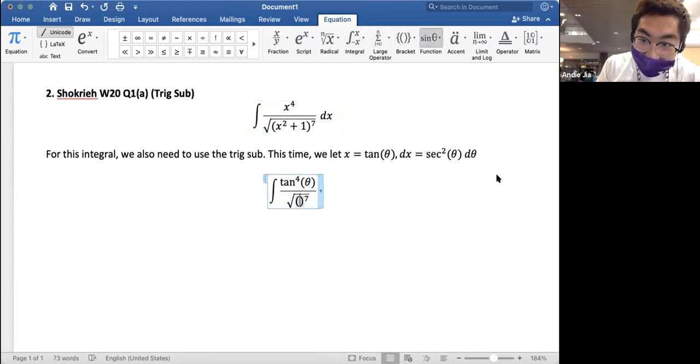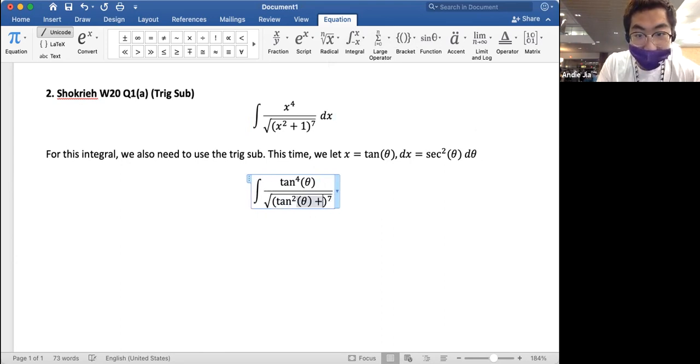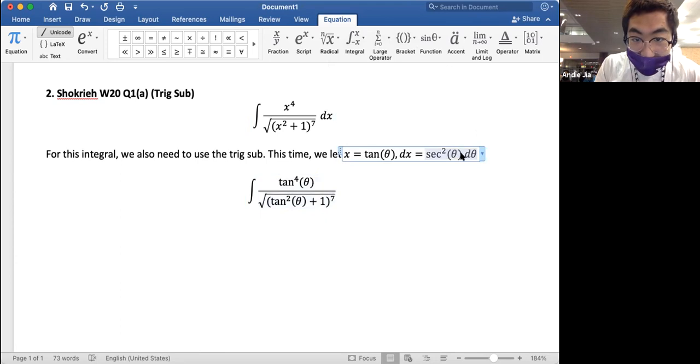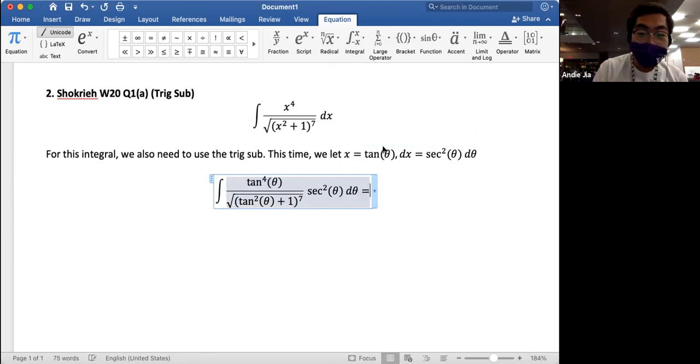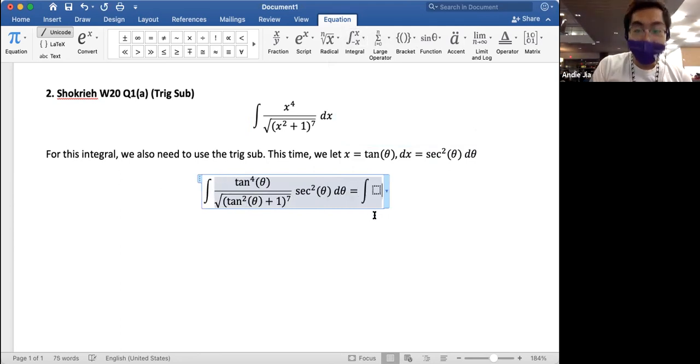So we still needed to write this out here, theta plus 1. We continue to rewrite this integral, just to write it as simply as possible.